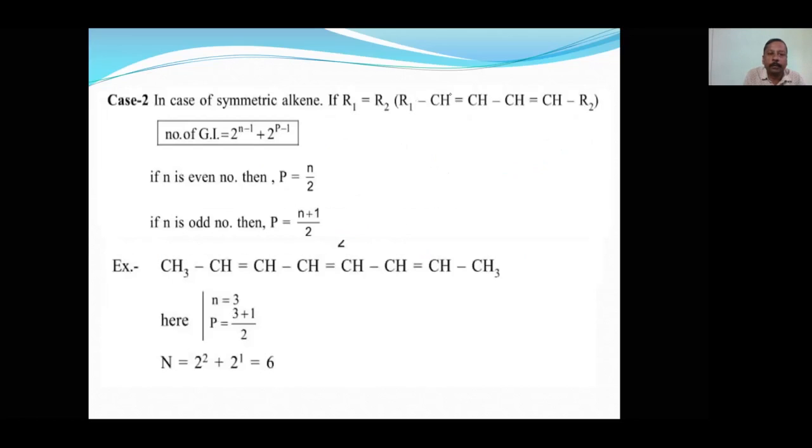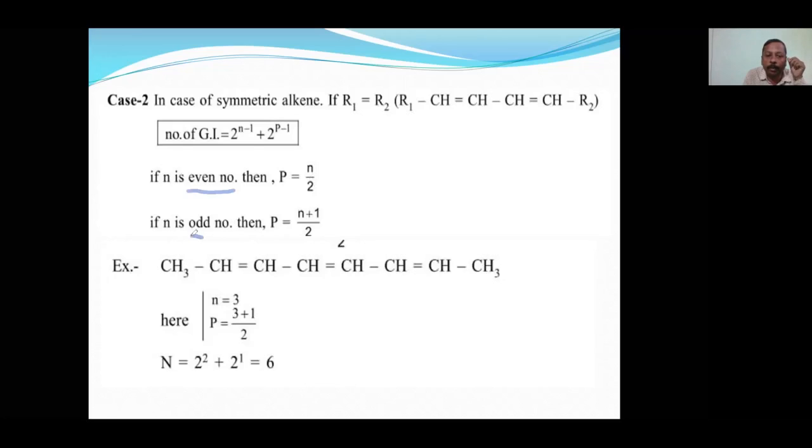Case 2, in case of a symmetrical alkene. In a symmetrical alkene the groups and the number of double bonds also matter. The number of double bonds will differ. If the number of double bonds is even, then P is equal to n by 2.